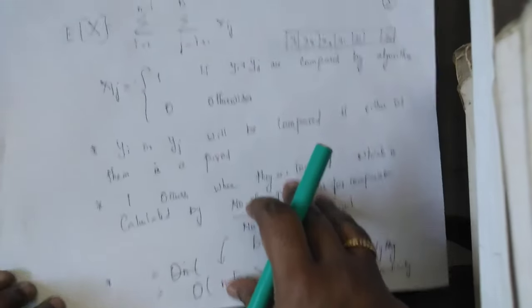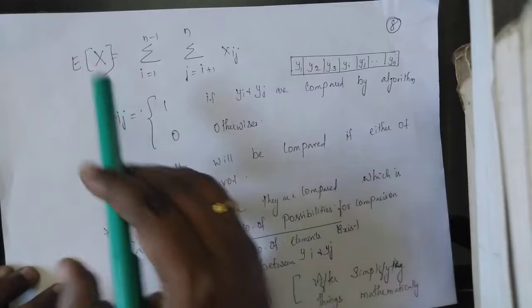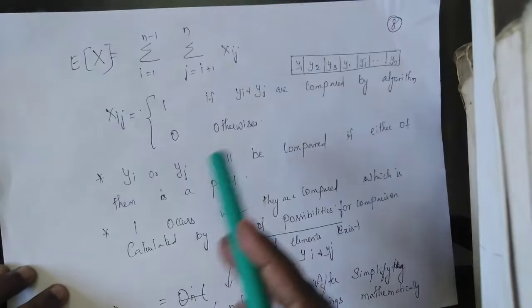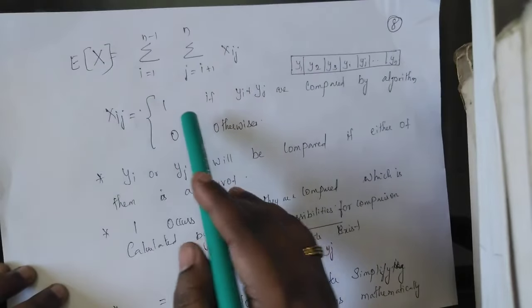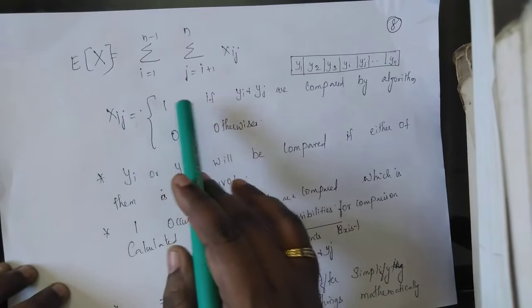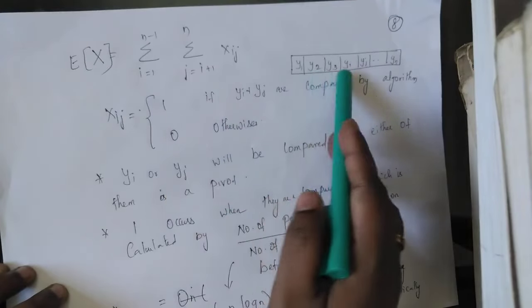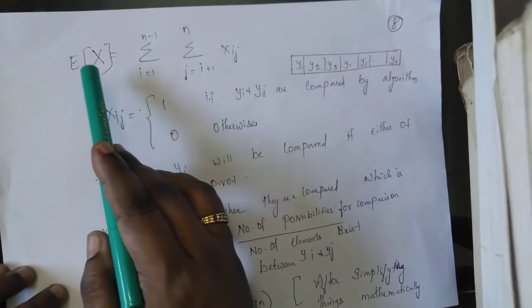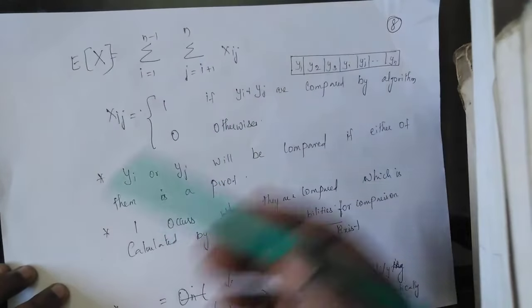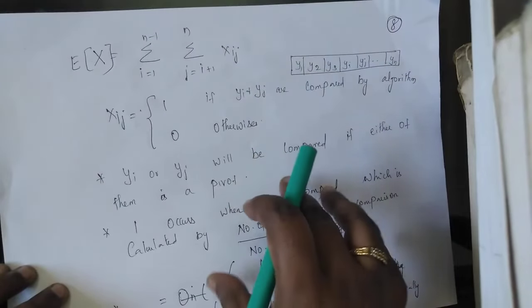This is a probability value, but we are interested in finding the expectation. We know the difference between expectation and probability. Probability is a measure, a quantifier that lies between 0 and 1. What is the probability that they are compared? But expectation is actually the quantity, how many times they are actually compared.